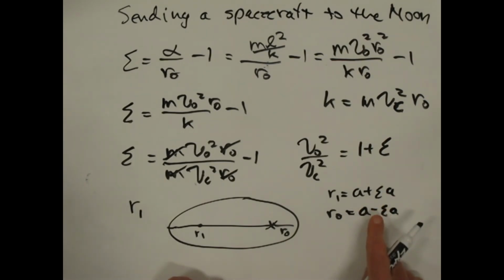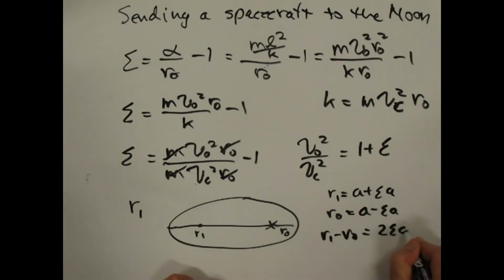If I subtract these two equations, I get R1 minus R0 is equal to 2 epsilon A. If I add those two equations, I get R1 plus R0 is equal to 2A. And so epsilon is equal to R1 minus R0 over R1 plus R0.